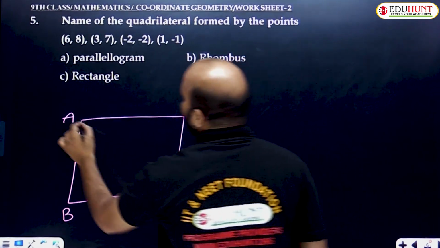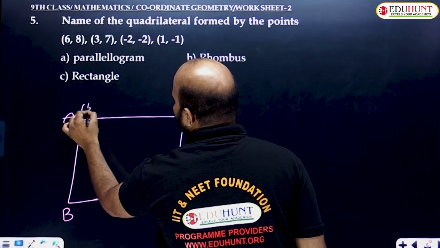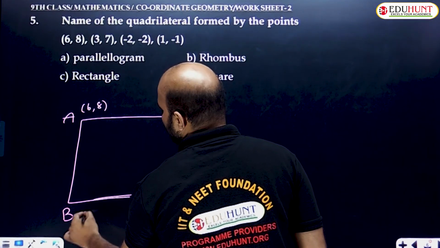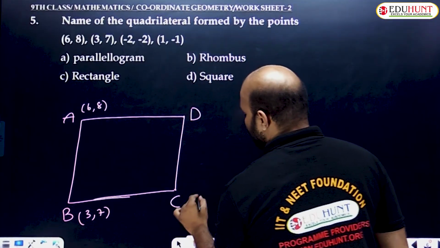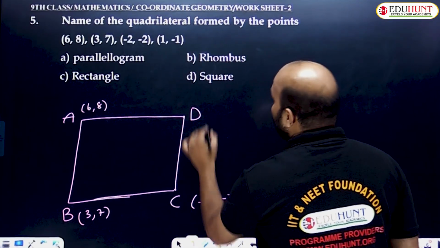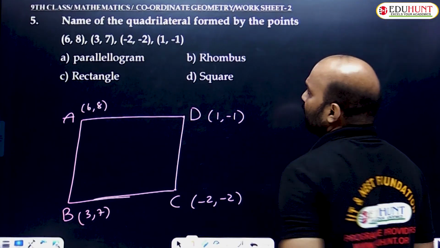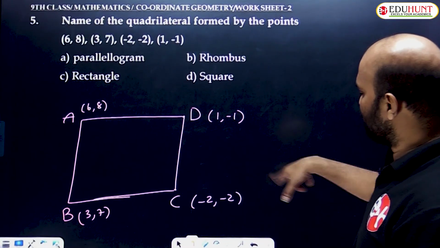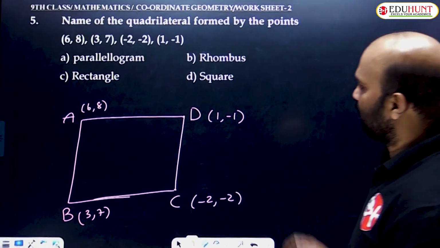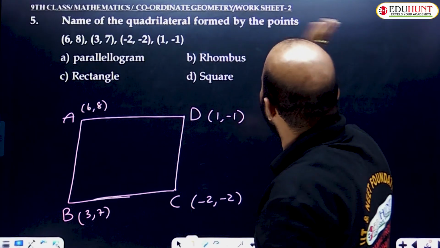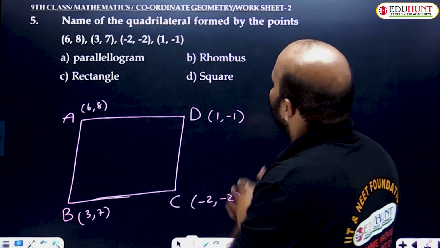A coordinates (6, 8), B coordinates (3, 7), C coordinates (-2, -2), and D coordinates (1, -1). Am I clear? Which type of quadrilateral can it be?